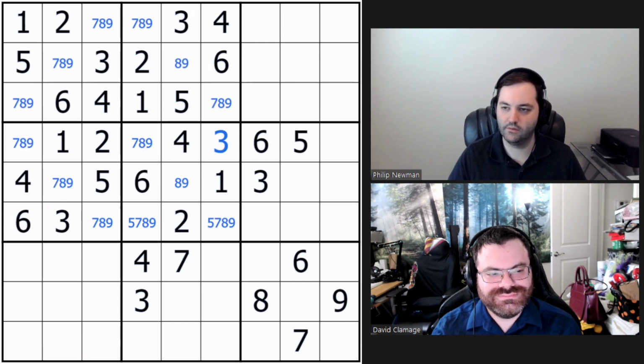That's 11.6. Maybe a 31 clue. Anyway, so I was posting these on the forums, and somebody pointed out that basically all of the high clue count and minimal puzzles that were really, really hard had this same pattern.